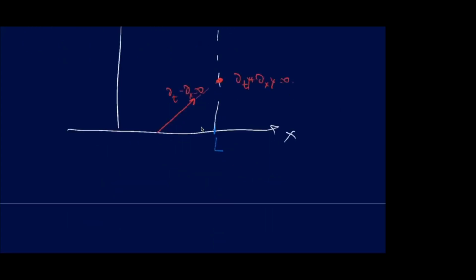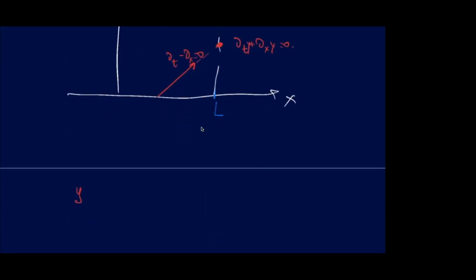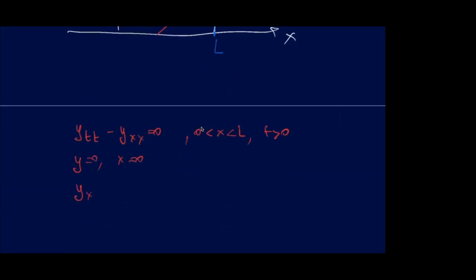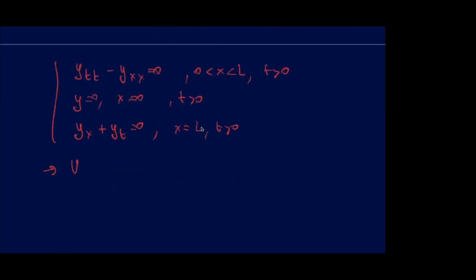So my claim is that when I consider the system, which is the free D'Alembert equation on the interval 0L, and I impose the boundary condition y equals 0 at x equals 0, without any damping at x equals 0, and yx plus yt equal to 0 at x equal L, for t positive, this produces the vanishing of waves in finite time, right?